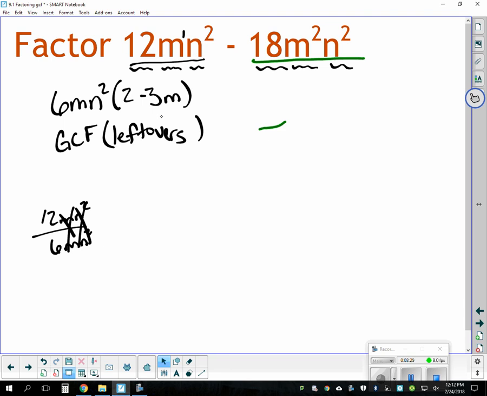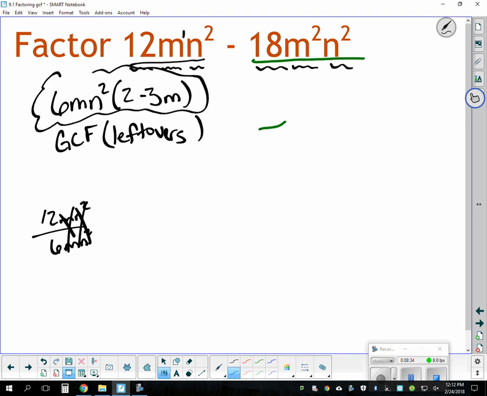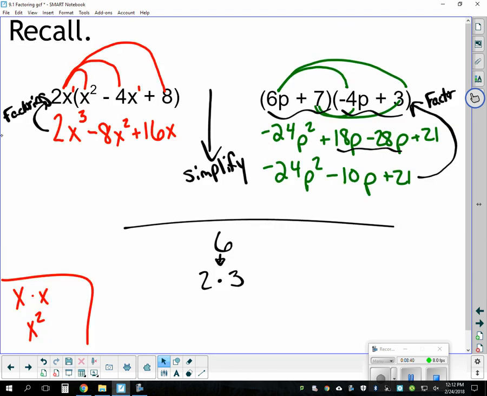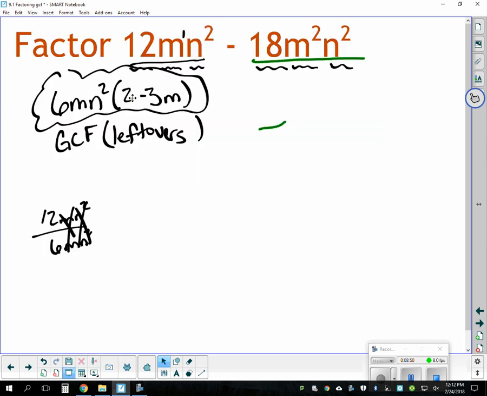And that's your answer. This right here is the factored form of this original problem. And if you look back to this slide, that's what I told you we were going to do, right? You were going to have a simplified polynomial, and you were going to have to make it look like a factored version of that. And that's what we have.